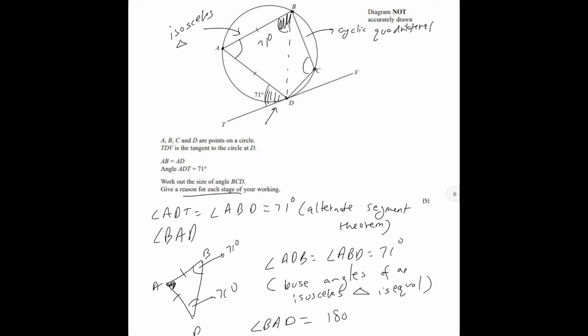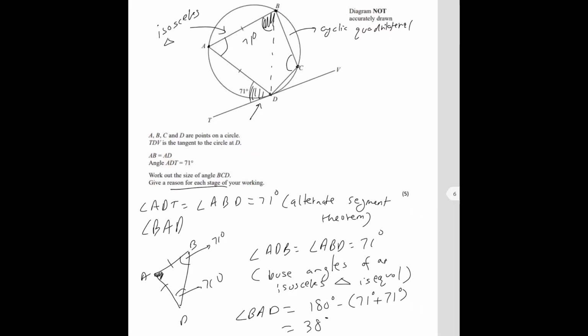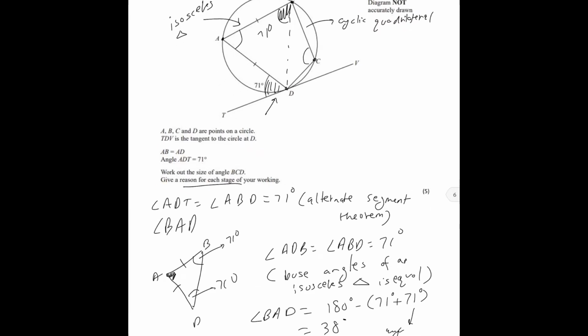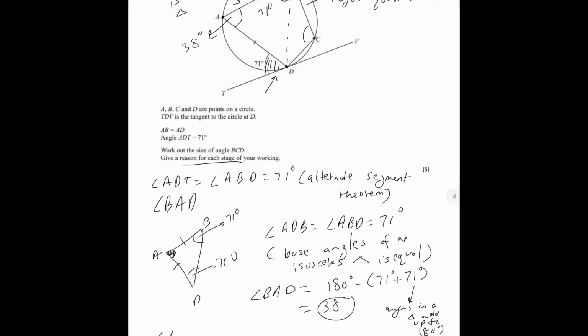Now to find angle BAD, you just do 180 degrees minus 71 degrees plus 71 degrees, subtracting both angles added, because the angles in a triangle add up to 180 degrees. You can mention that step as well. So angle BAD is 38 degrees.